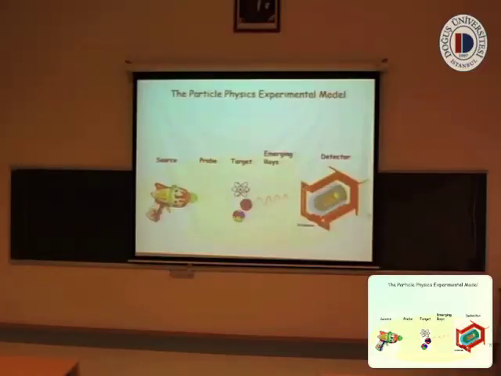B meson with d. Exactly. So I measured the lifetime of this particle and also the lifetime of the lambda b baryon. What is the difference between mesons and baryons? Good, you know a lot. Excellent. I measured the lifetime of the B sub d meson and the lambda b baryon, and we try to understand if there is any difference between baryons and mesons. Therefore, I put here the D0 detector.